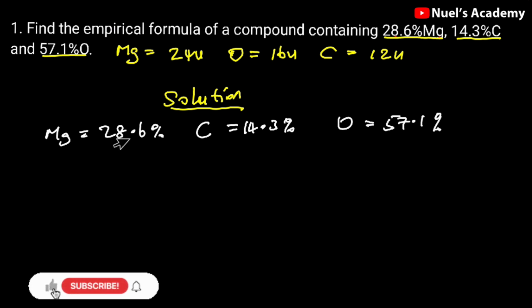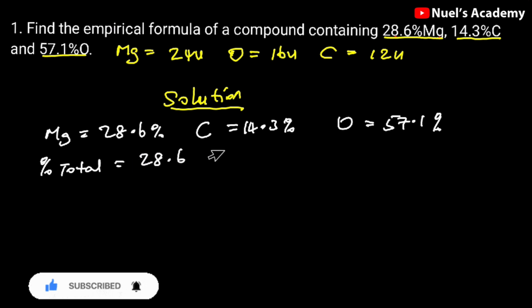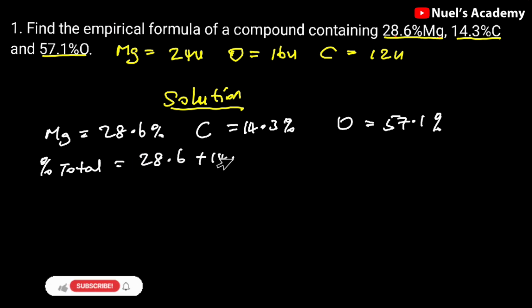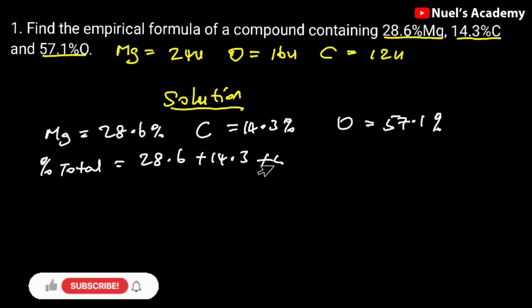So let's sum these percentages and see if it adds up to 100. The total percentage is going to be 28.6 plus 14.3 plus 57.1. If you calculate this, you see that it is equal to 100%.